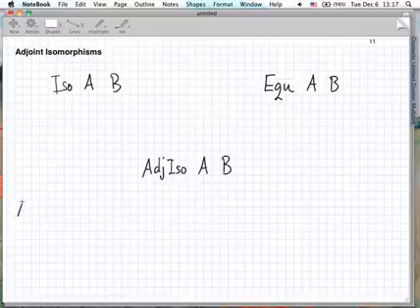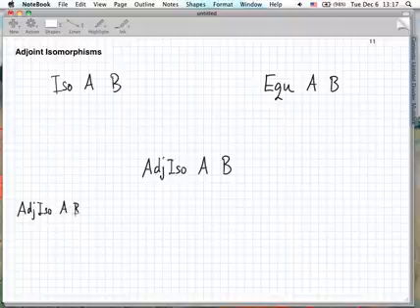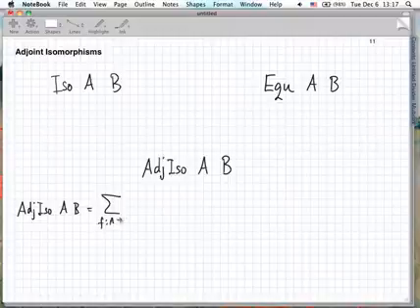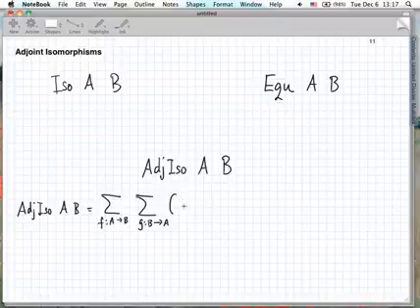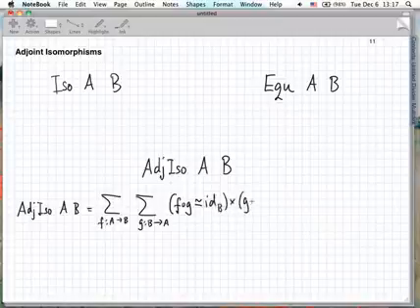What is this adjoint iso? Adjoint iso, AB, means you have a map F from A to B, and a map G from B to A, and you have a homotopy from F composed with G to the identity on B, cross G composed with F to the identity on A.